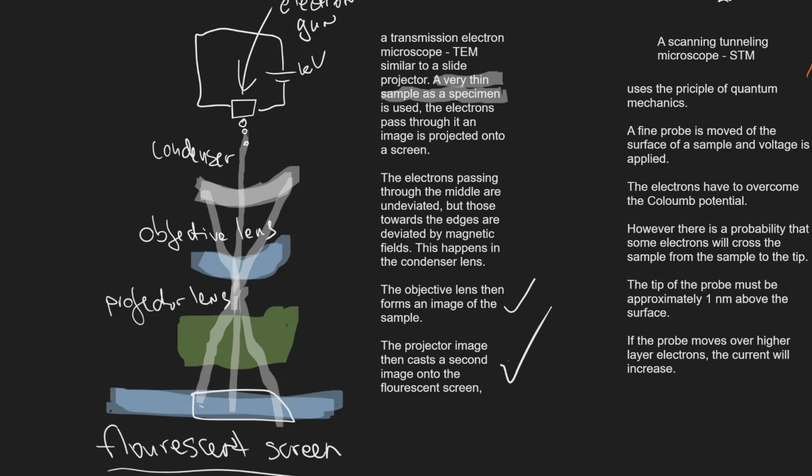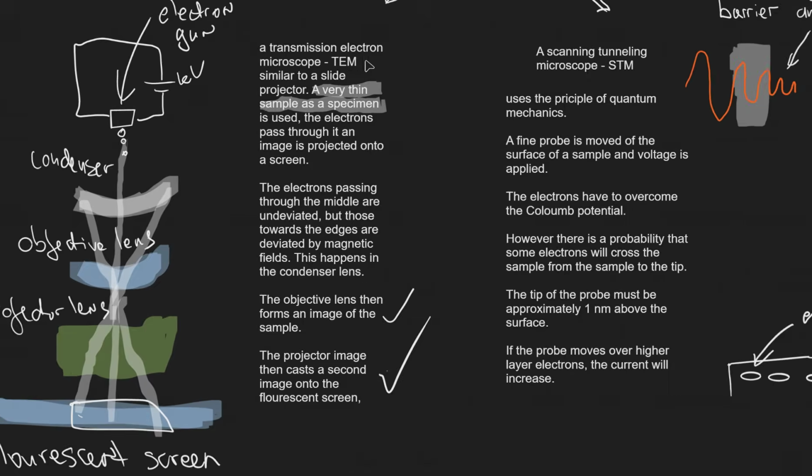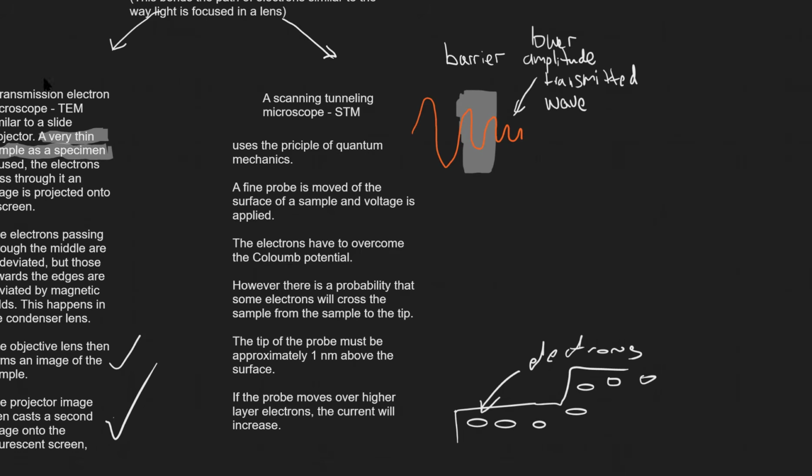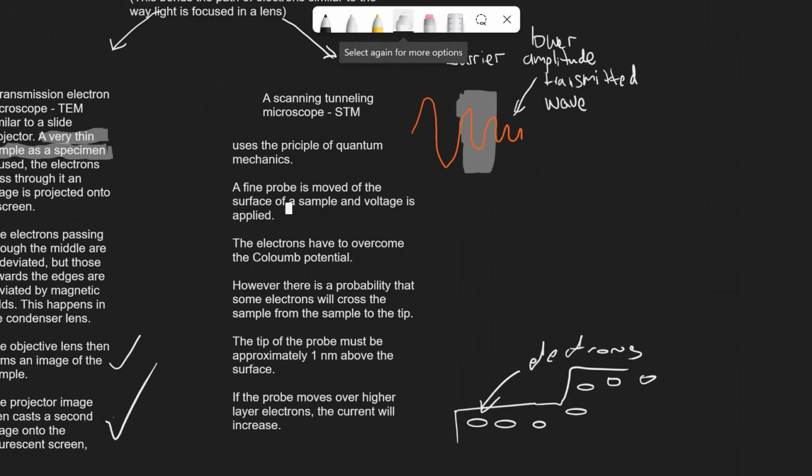We also have another one, which is the scanning tunneling microscope, or STM. This uses the principle of quantum mechanics, or quantum tunneling in particular. For this one, we use a fine probe on the surface, and then a voltage is applied.